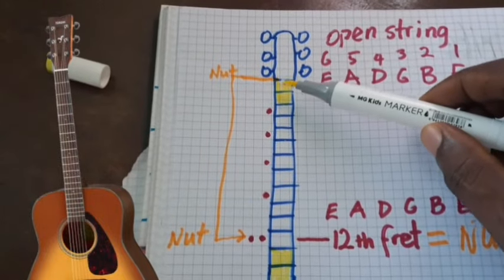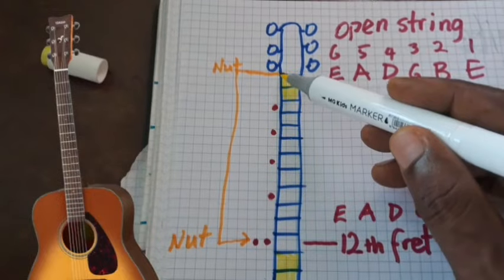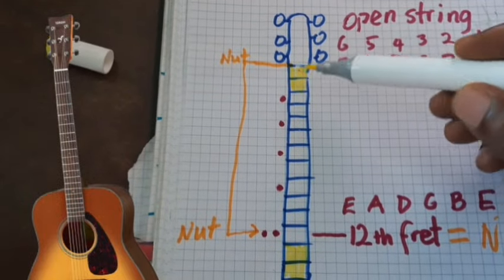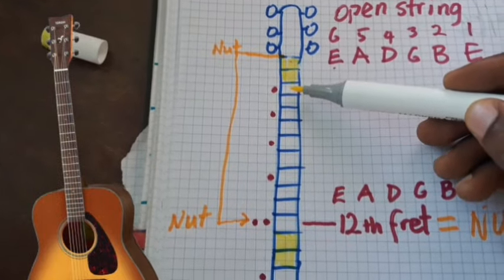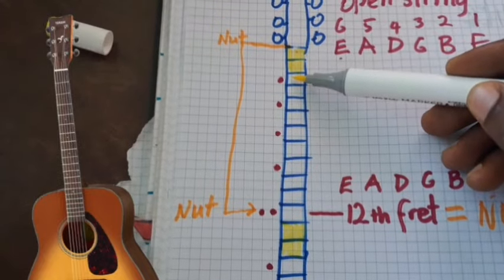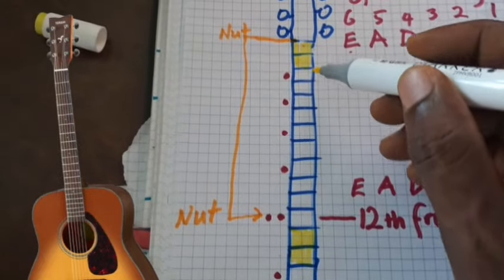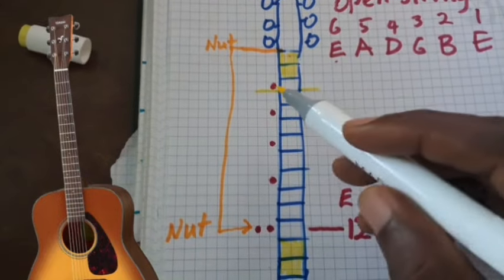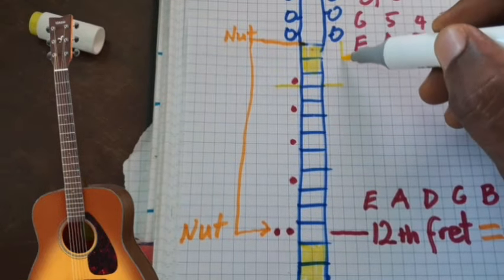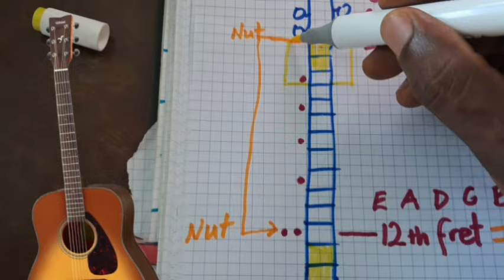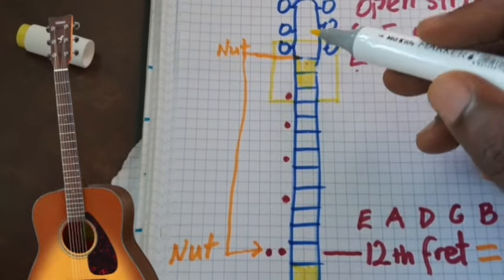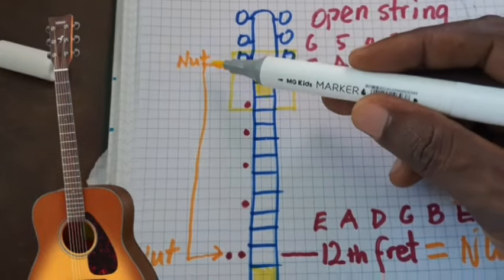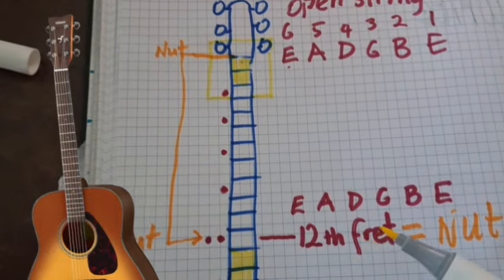And most times when we are starting to play the guitar, we are told to play keys using the first three frets, 1, 2, and 3. Now, when we say 1, 2, and 3, this third one is actually the fourth one. So what we popularly call the third fret is actually 4, because this knot also serves as a fret.